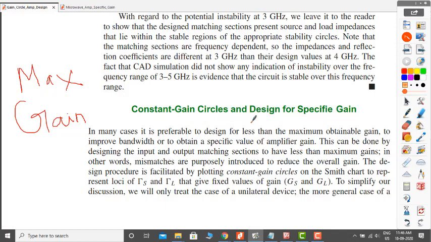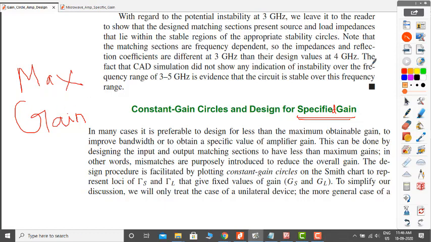Now we are going to discuss the procedure to design a microwave amplifier for a specified gain. Why do we need to design an amplifier with a specified gain?